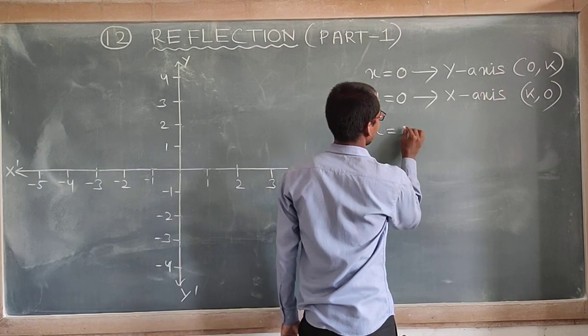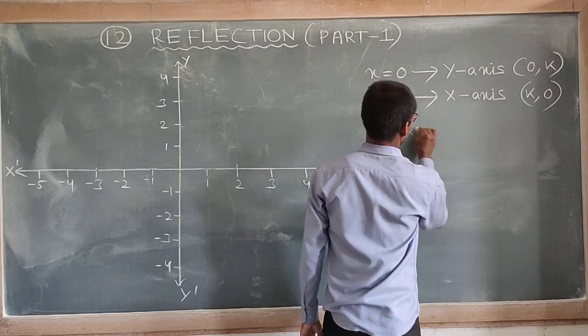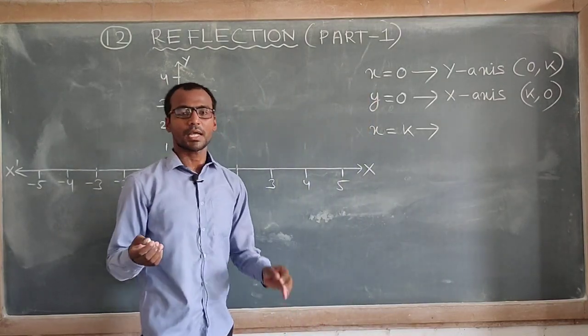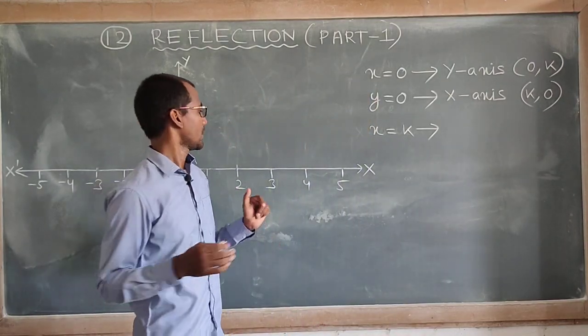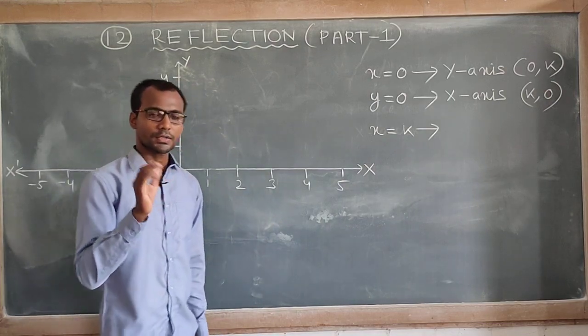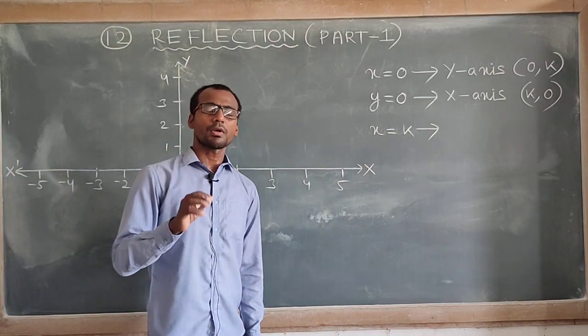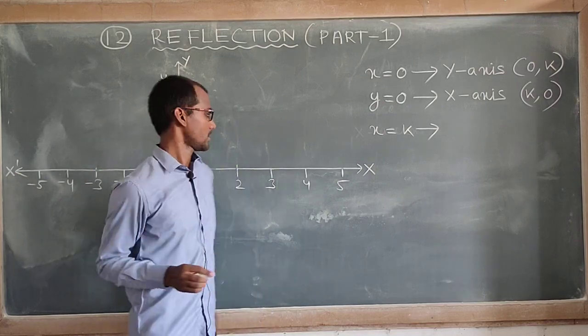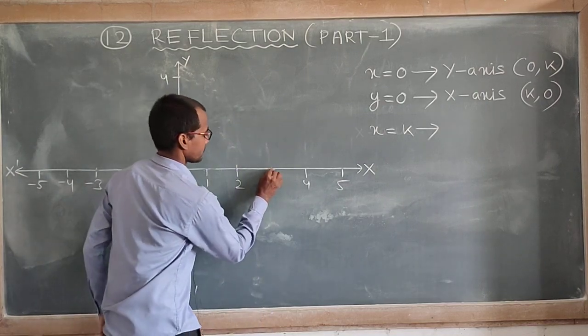Now let us take x is equal to constant, any constant. Suppose let us take x is equal to 3. So plot some points whose x coordinate is 3. Y coordinate you can choose on your own, but x coordinate is 3. Suppose (3, 0), this one.